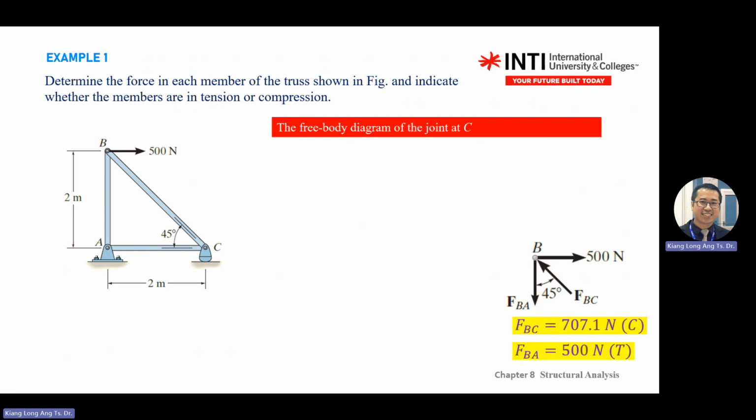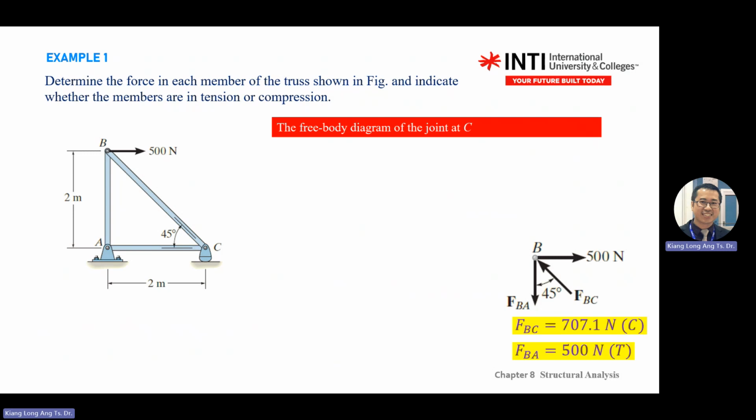How do you draw C? By looking at your pin B answer. How do you draw pin C free body diagram? Pin C has what?